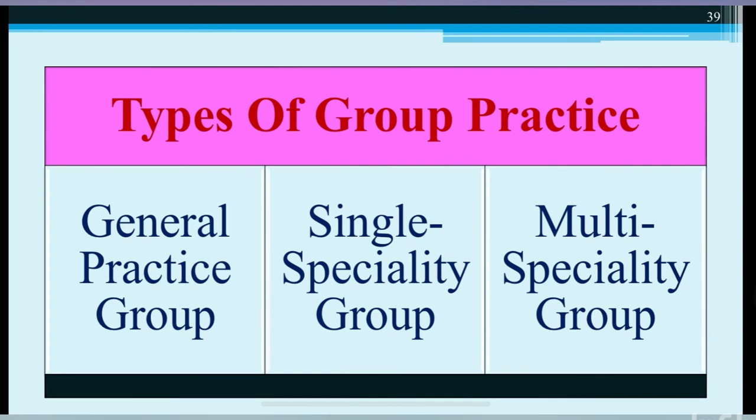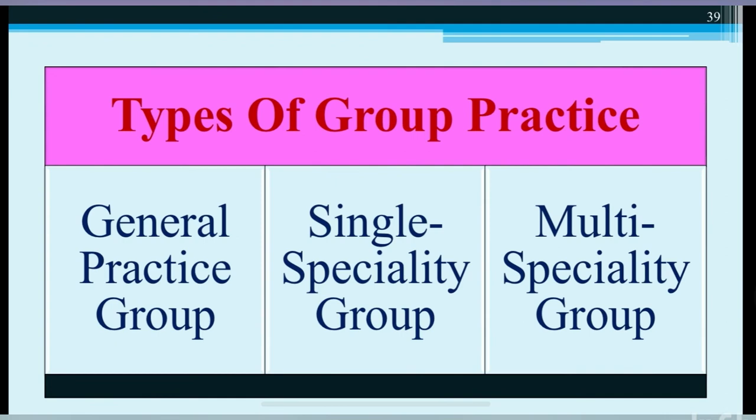The next one is the single specialty group. Here the group is formed by people of a single specialty. For example, a group of prosthodontists. They are from the same specialty and they form a single specialty group.